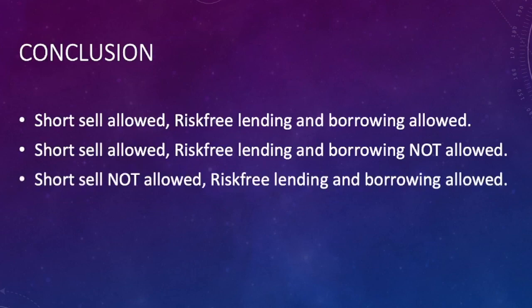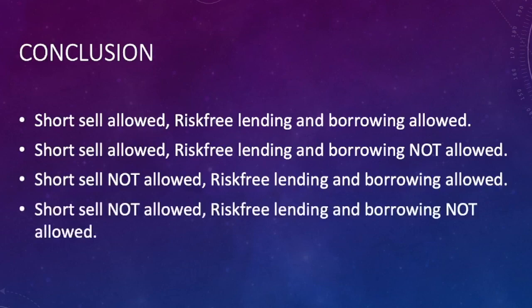The third one we saw was where short selling was not allowed, and this is where things started getting complicated, where we had to use a quadratic programming solver. And the same for when short selling was not allowed and risk-free lending and borrowing was also not allowed. We still have to use a quadratic programming solver.